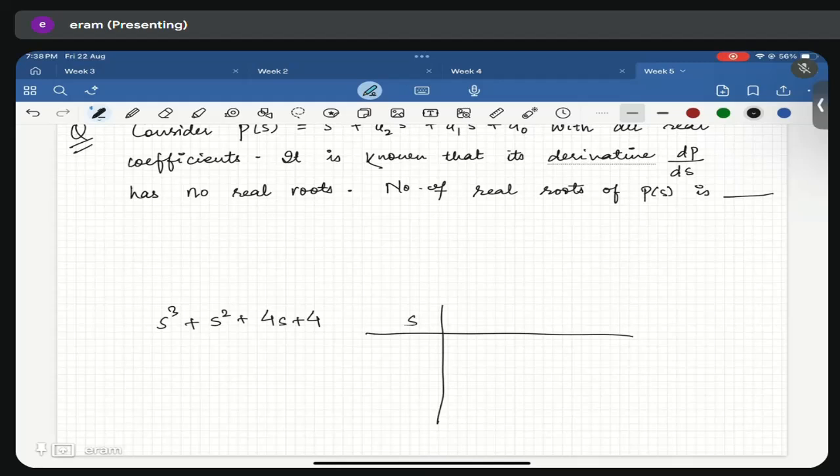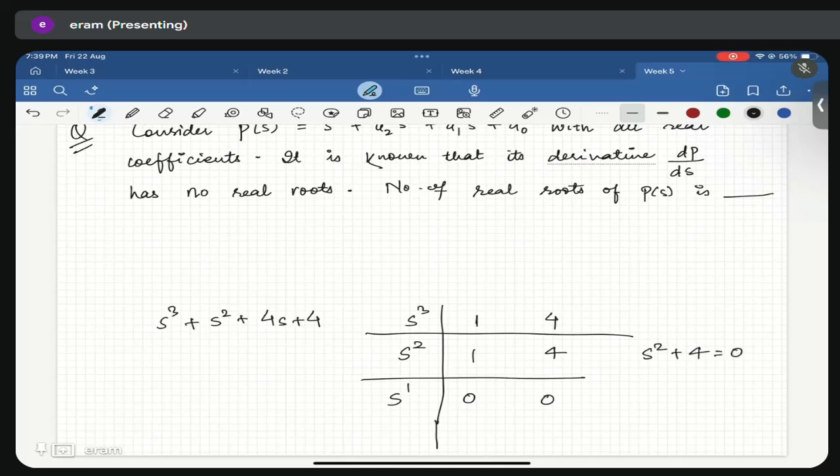Let me solve it. 1 and 4, 1 and 4, and this will be 4 minus 4, 0. So here we have to form the auxiliary equation, that will be s square plus 4 equals 0. Directly you can write s will be plus minus 2j.